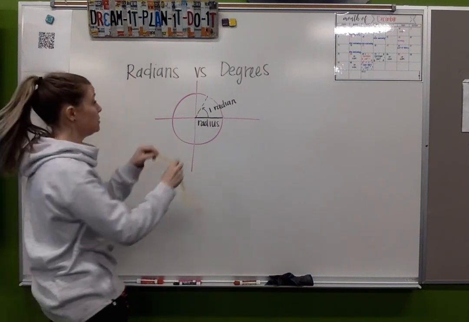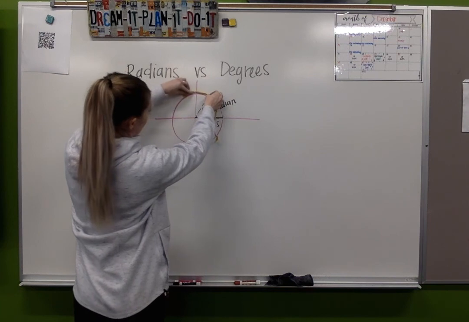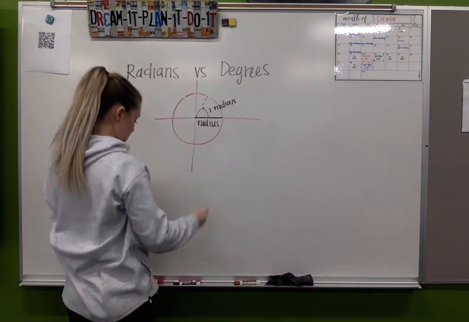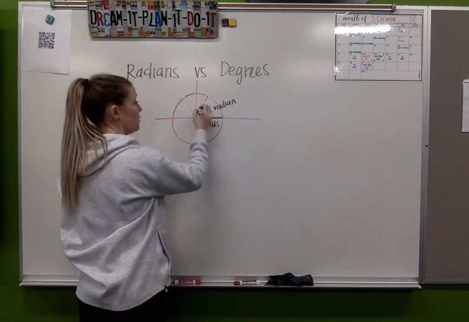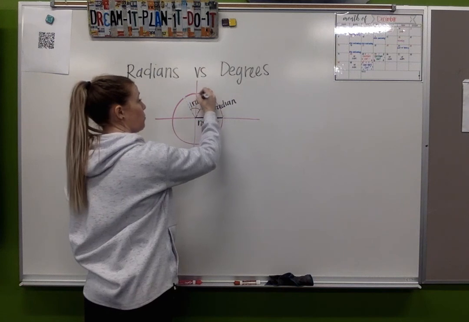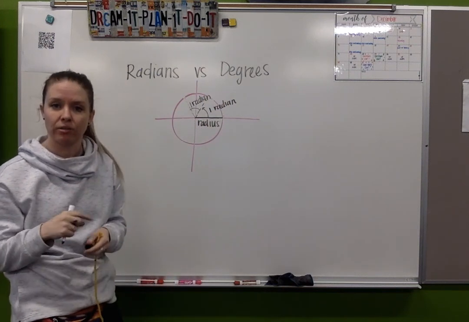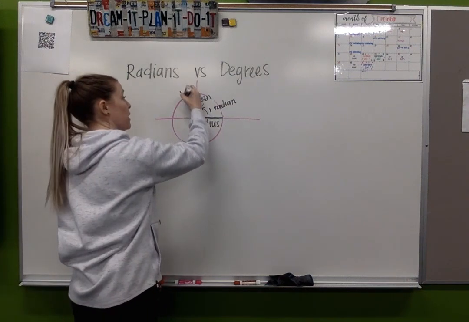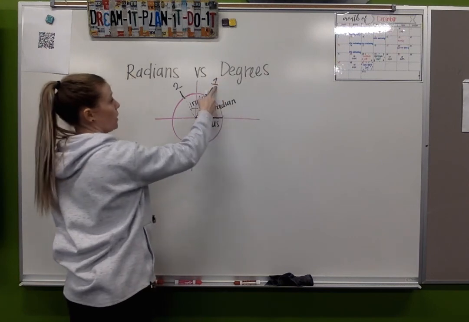If I do it again, I'm going to start here at the 1 and rotate around. Now I'm looking at 1 more radian. So this is 1 radian, 1 radius rotation around the circle. At this point, I have 1, 2.